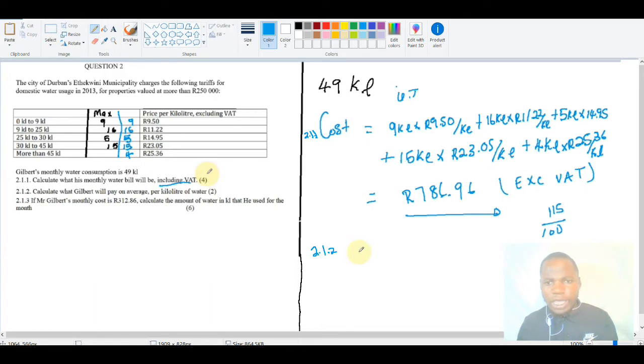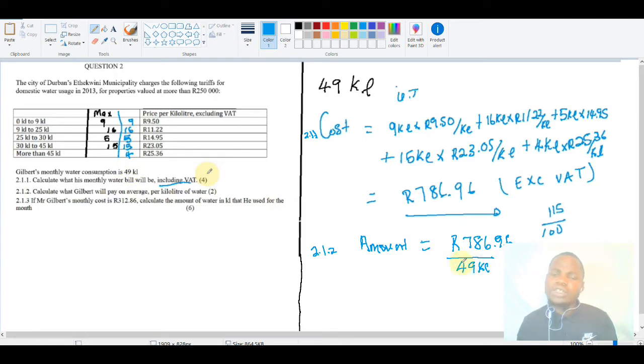So the amount to pay on average is equal to, you take your cost, which is 786.96, and then divide by your amount of water, which is 49 kiloliter.